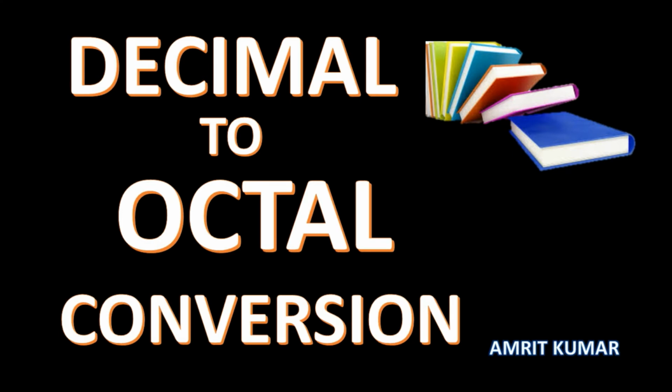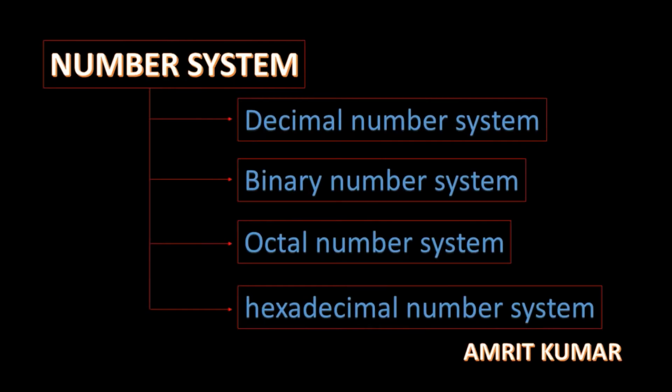So let's look at number system. As we have seen, we have categorized our number system into these four categories. What are these categories? These are the decimal number system, binary number system, octal number system, and hexadecimal number system.